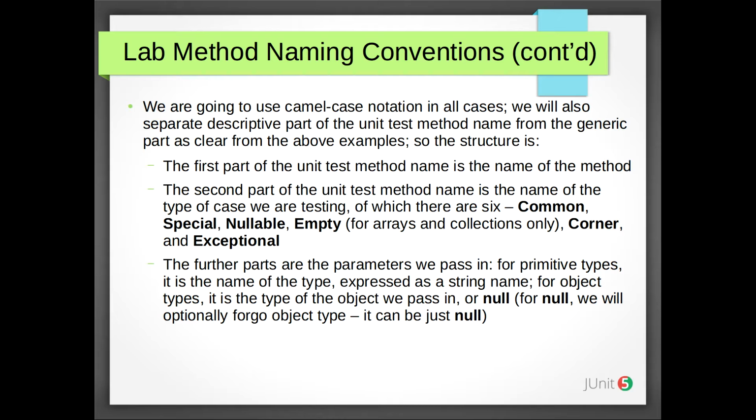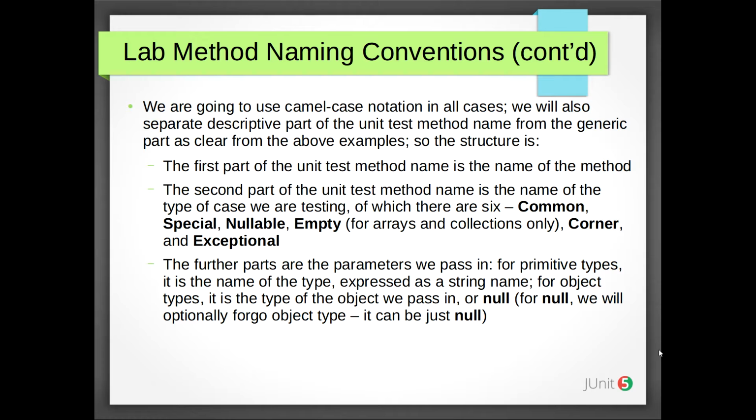We will also separate the descriptive part of the unit test method name from the generic part, as is clear from the above examples. So the structure is: the first part of the unit test method name is the name of the method we are testing. The second part is the name of the type of case we are testing, of which there are 6 that we are using: common case, special case, nullable case, which is a type of special case, empty case for arrays and collections only, corner case, and exceptional case.